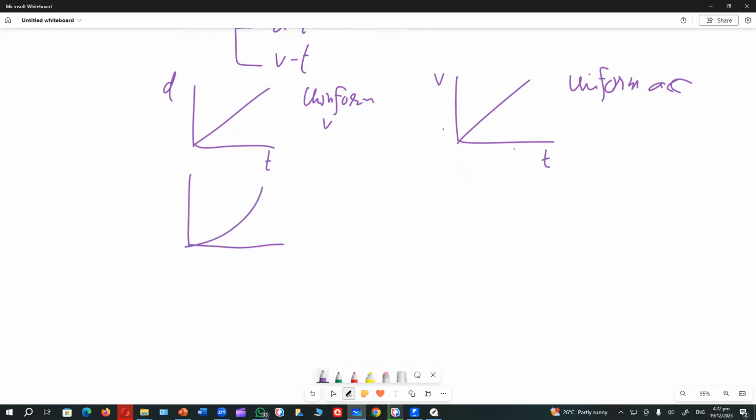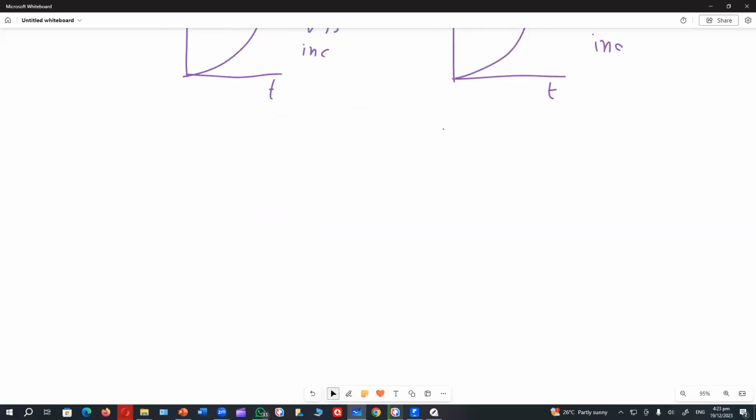What does this curve mean? The gradient is increasing. If I write distance against time, it means velocity is increasing. If I put velocity against time and I draw a curve, it means now I will say that acceleration is increasing. This is the discussion on sketches.